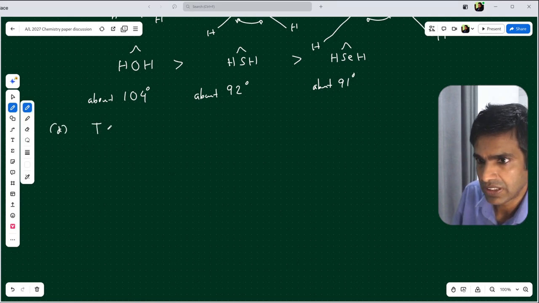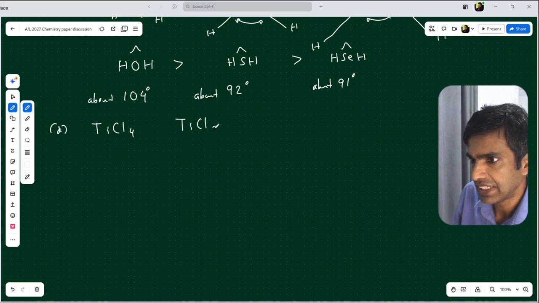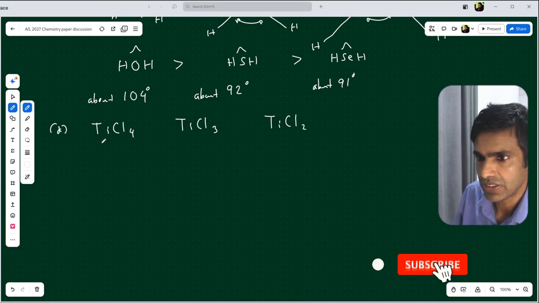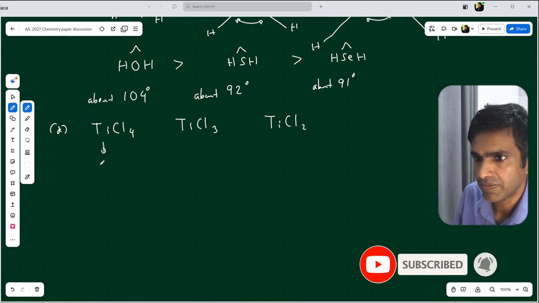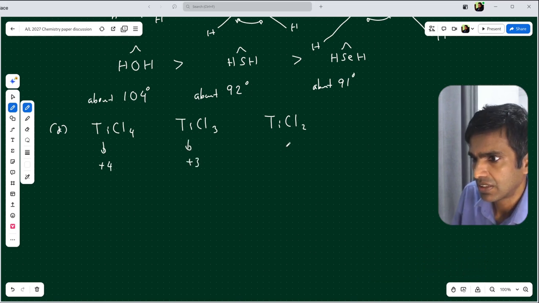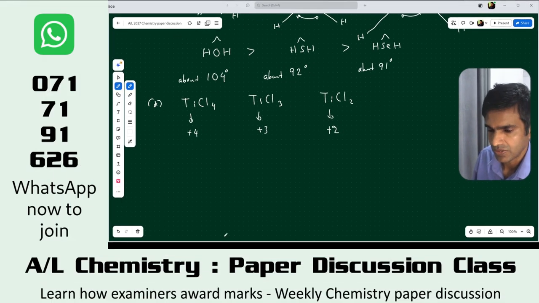It's about TiCl4, TiCl3, TiCl2. So what is the oxidation number of titanium atom? +4, +3, +2. So when the oxidation number decreases, the ability to attract bonding electrons decreases.